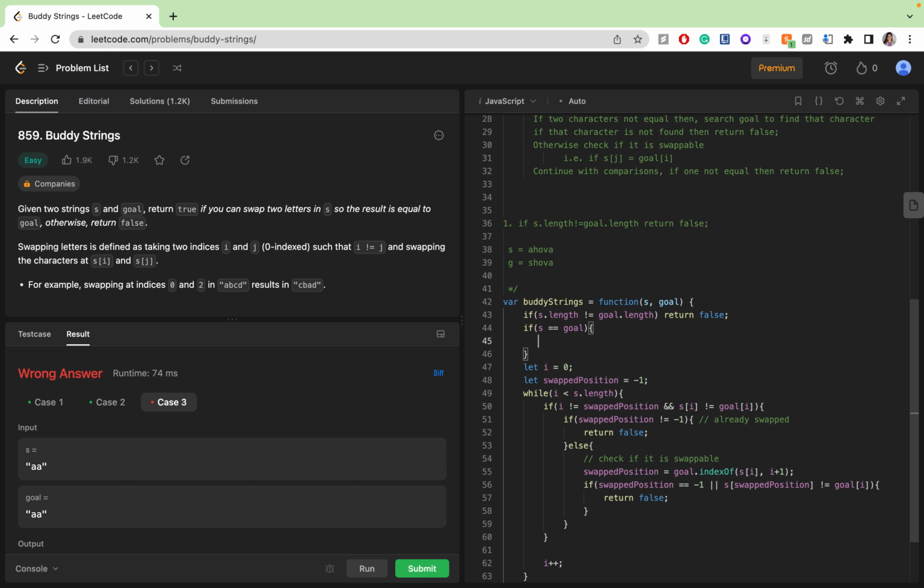Maybe I can check if there is a duplicate character in that string. If there are duplicate characters in that string, then I would be able to swap it.